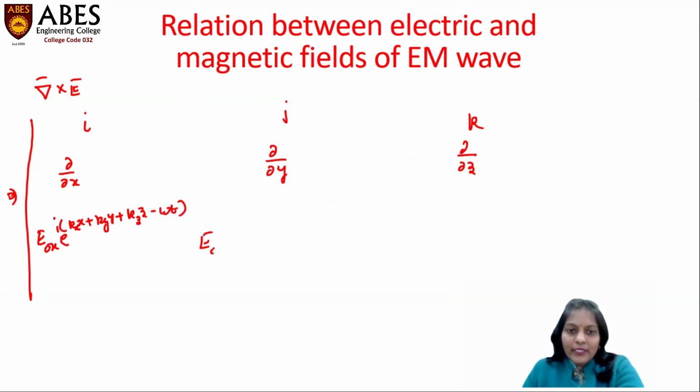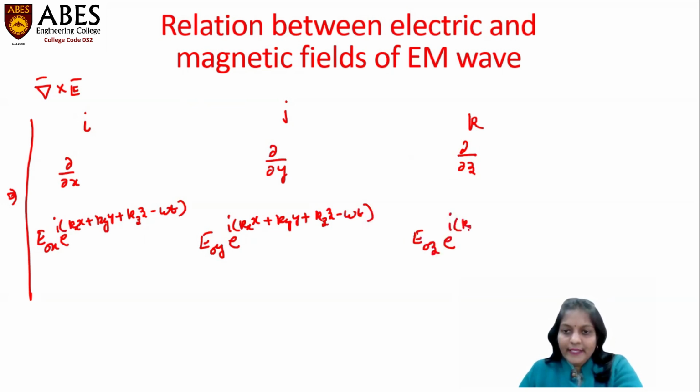And what about E naught y? E naught y e raised to the power i(kx x + ky y + kz z − ωt). And E naught z e raised to the power i(kx x + ky y + kz z − ωt).